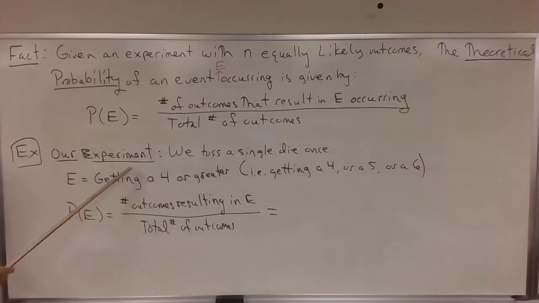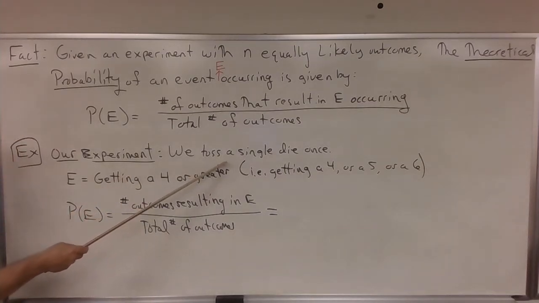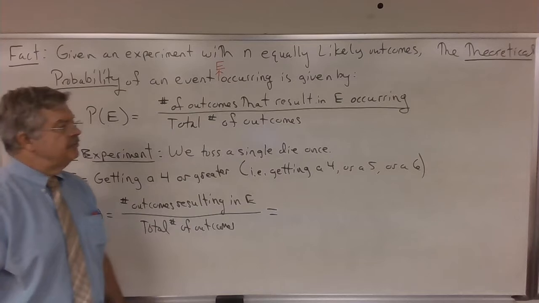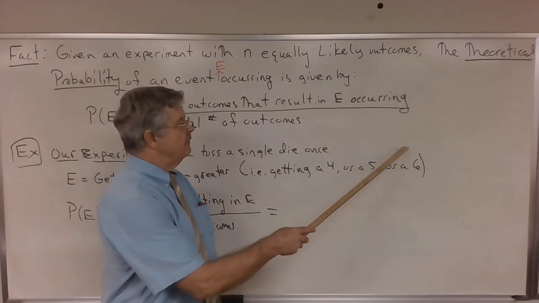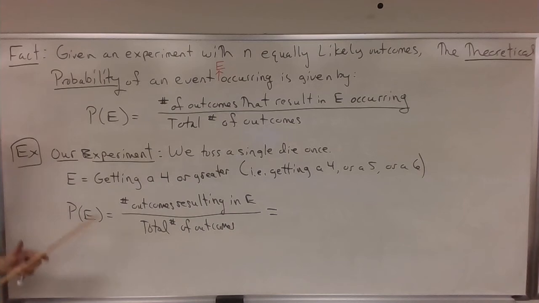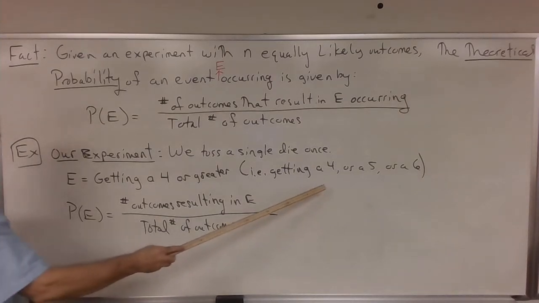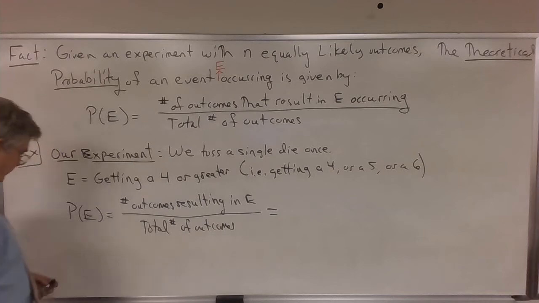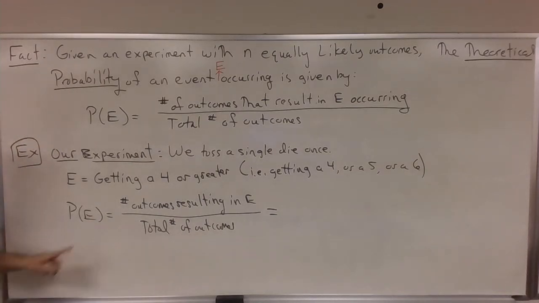For example, our experiment is that we toss a single die once. So the equally likely outcomes are 1, 2, 3, 4, 5, 6. Let E be the event that we get a 4 or greater. So in other words, we either get a 4, we get a 5, or we get a 6. The probability that E occurs is the number of outcomes that result in E divided by the total number of outcomes.